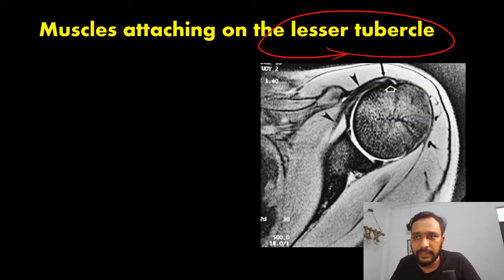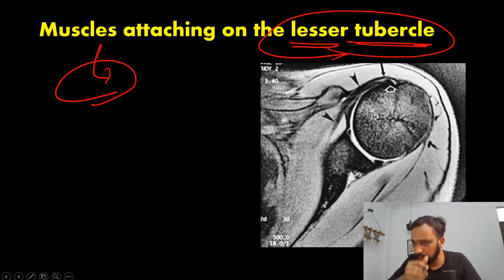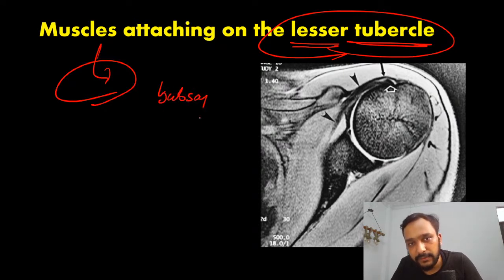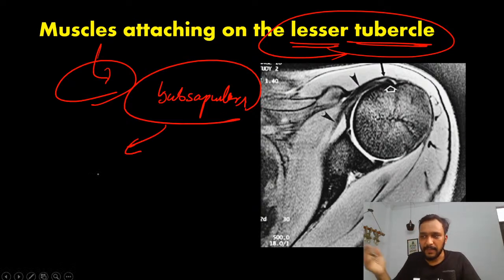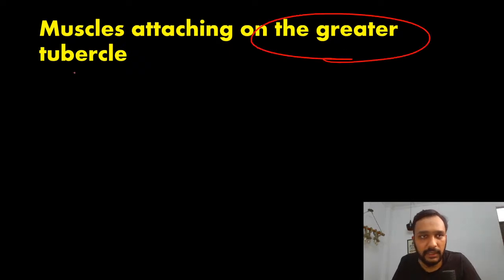Okay, so which muscle is going to attach onto the lesser tubercle? Very good. It is your subscapularis muscle, which is responsible for the medial rotation of the arm, and it is supplied by both the upper and lower subscapular nerves.